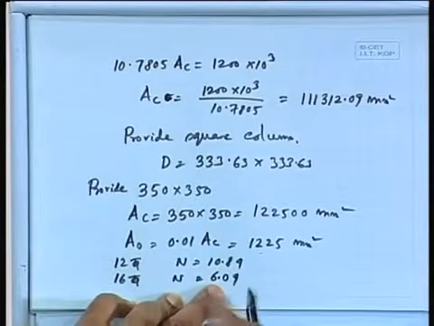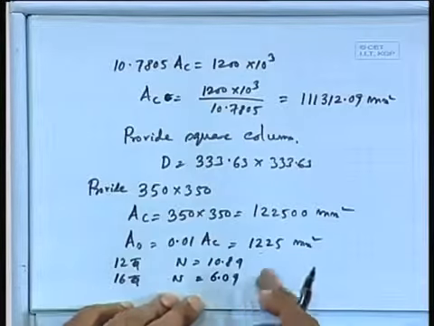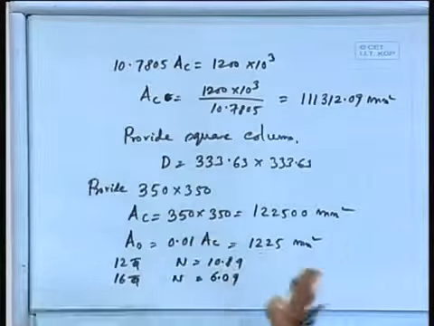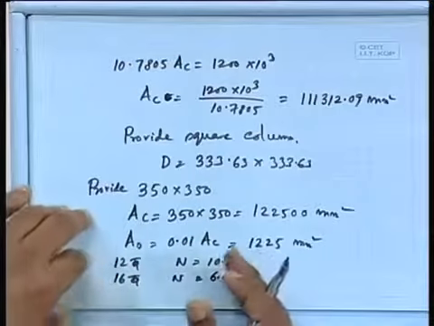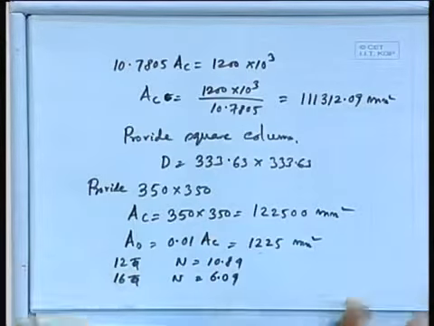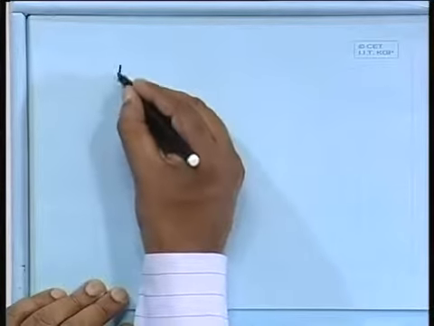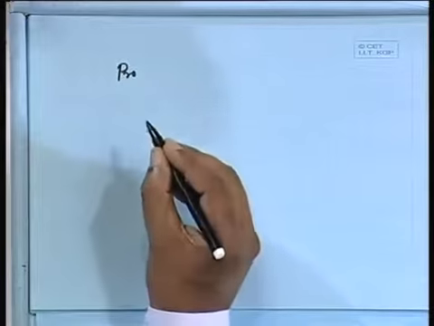So in that case you can find out how far we are deviating from the 1200 kilonewton. It is not that there is any tolerance, so you have to go restricted with the number of bars. So we can provide, say, 16 torr.